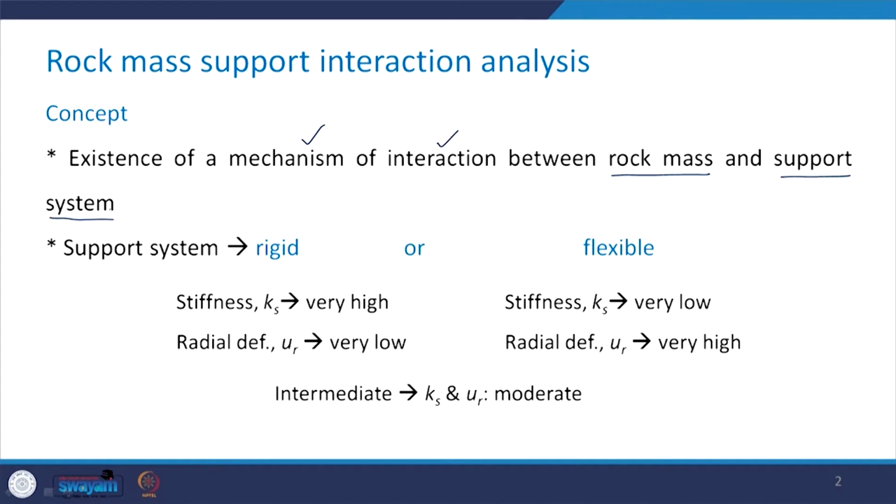Now, when I say rock mass, what does that mean? It is the medium in which the excavation has been made. When I talk about the support system, the moment we excavate, we need to install the support system depending upon the quality of the rock mass or the requirement of the support system over there.